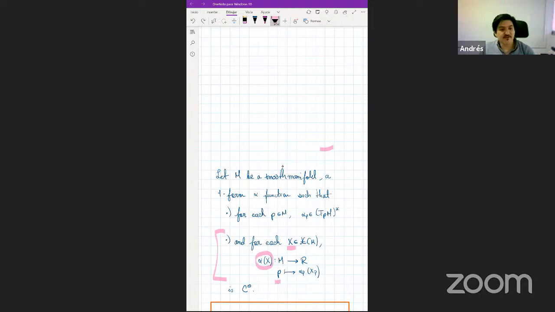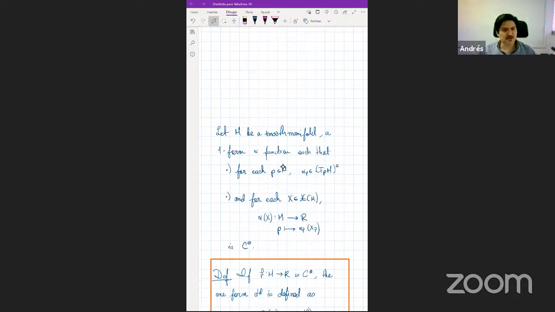And I will require this function to be smooth. So that's more or less what we will call a one form. And later on, we will make a different approach, which is extremely useful.